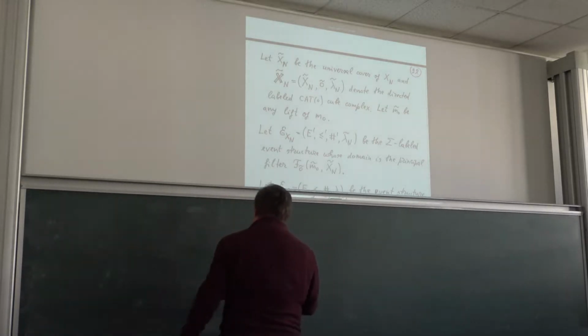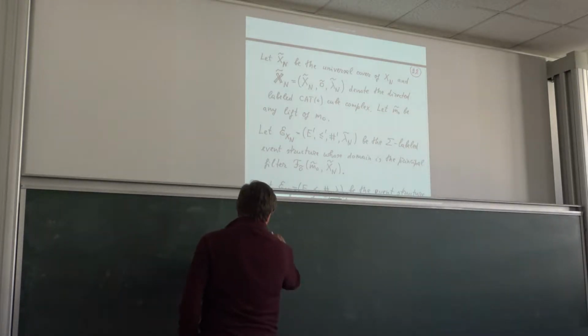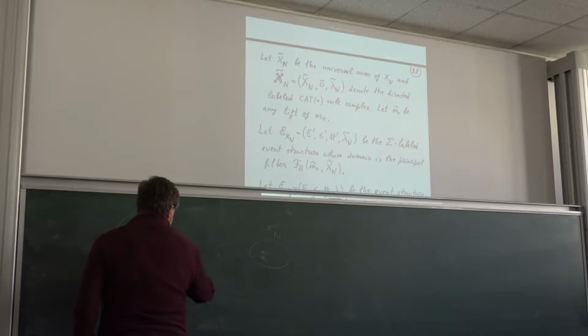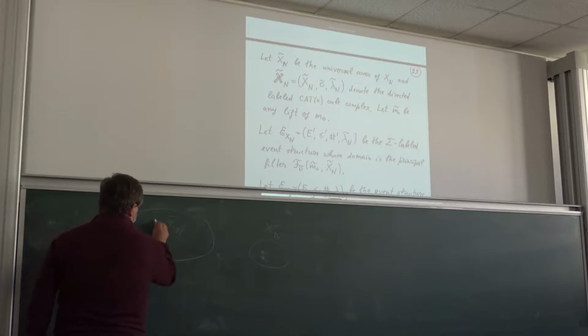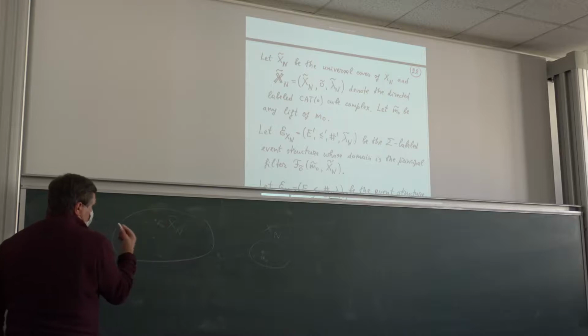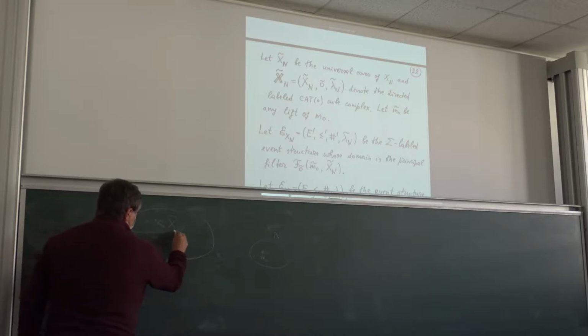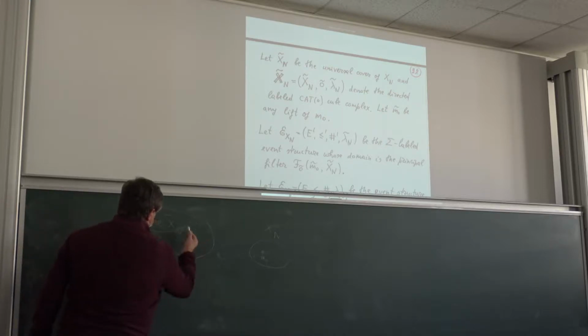So we have this x of n, and this is the initial marking M0. And this is a big object. This is a universal cover of x of n. And you have M0 tilde an infinite number of times. And then what we do, we take a principal filter of one such pre-image.